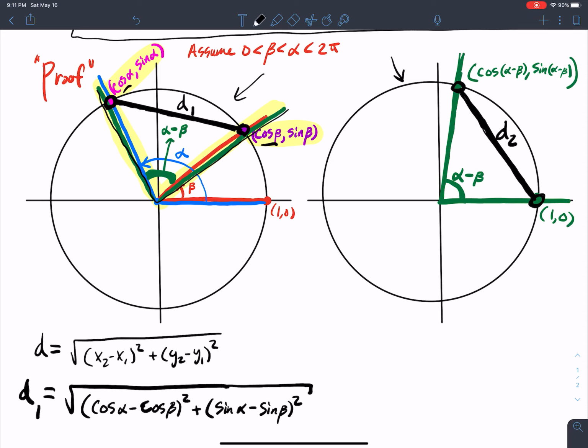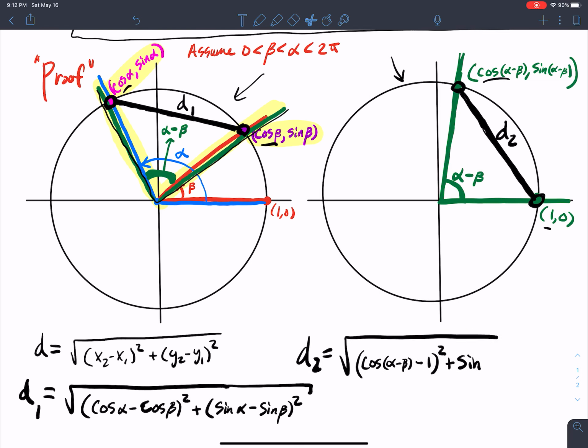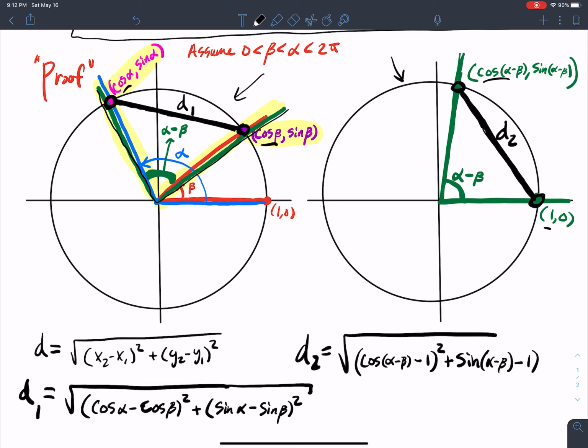So D2 is going to be equal to the square root of the difference between the x's, cosine of alpha minus beta, minus 1, all squared, plus sine of alpha minus beta, minus 0, the y value, squared, just like that.